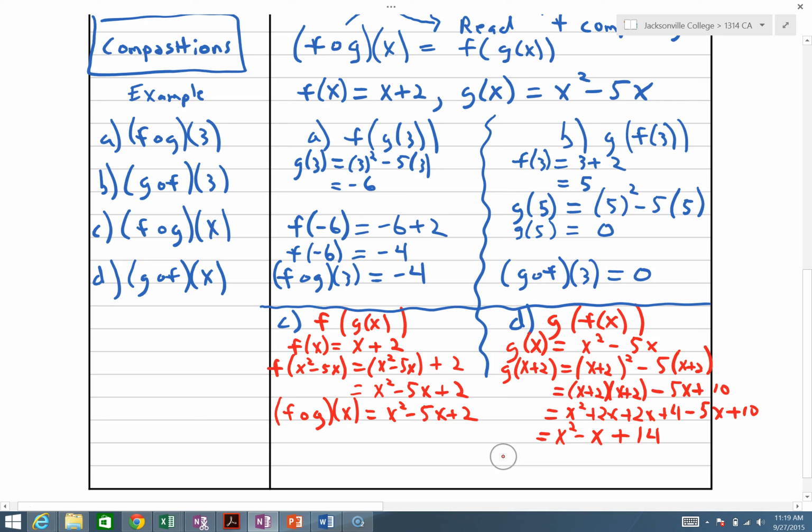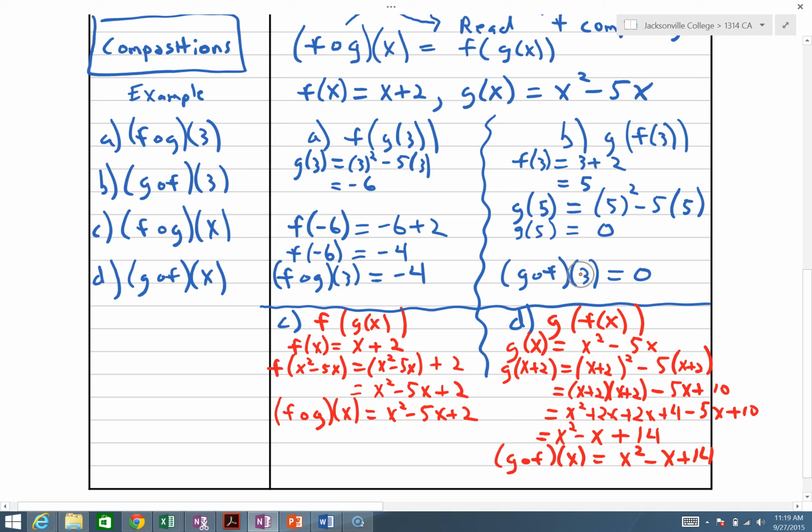Skip down one line. G compose f of x is this statement. X squared minus x plus 14. Again, I will come up to this statement here, this one. G compose f of 3.